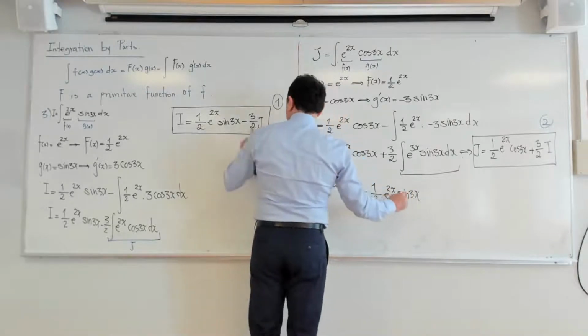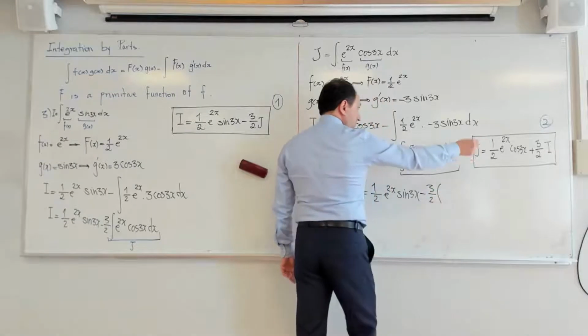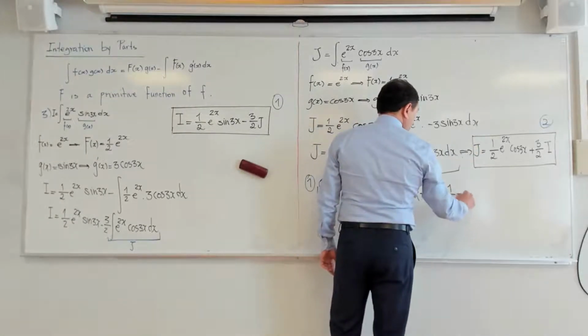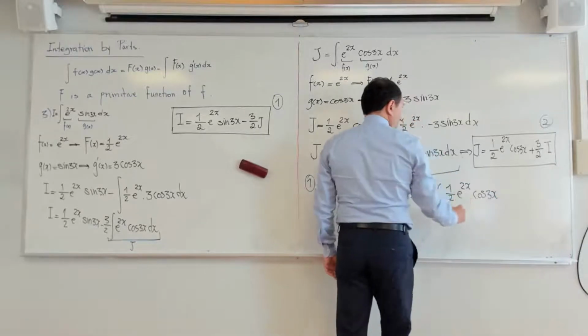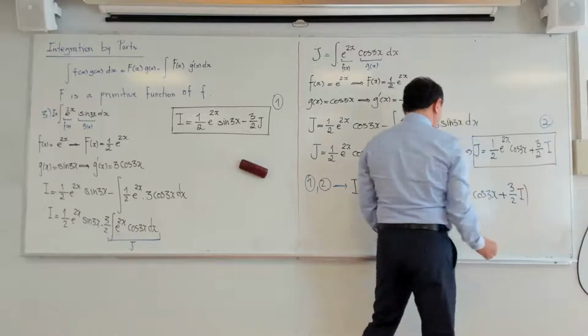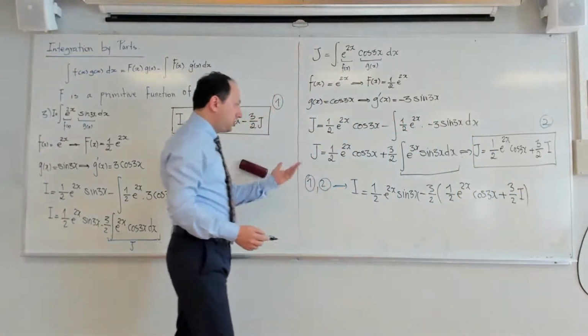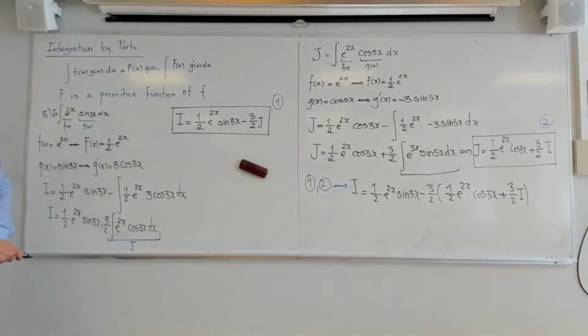And then I will have minus 3 over 2, and then instead of j, I will have this expression again. But that's a very nice idea, yes? Because if I ask you what is unknown in this equation for you, you would say the only unknown is I, and I am looking for I.